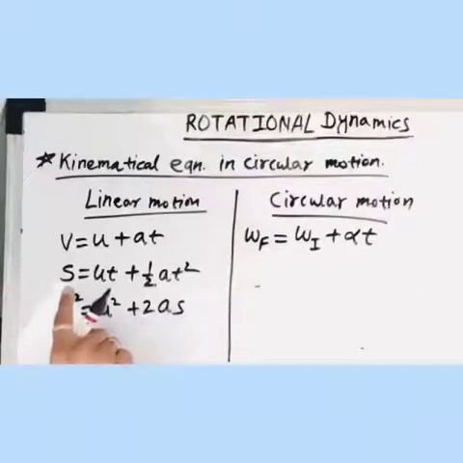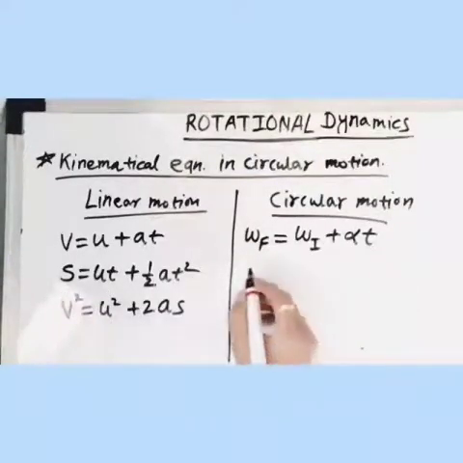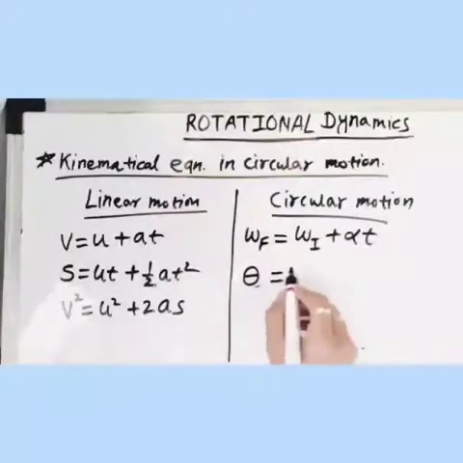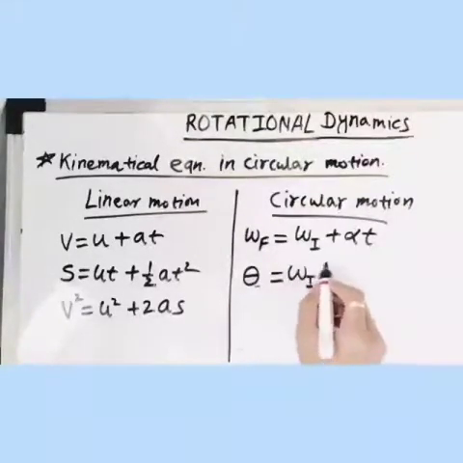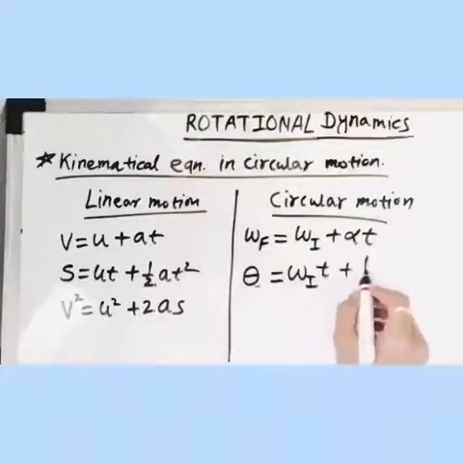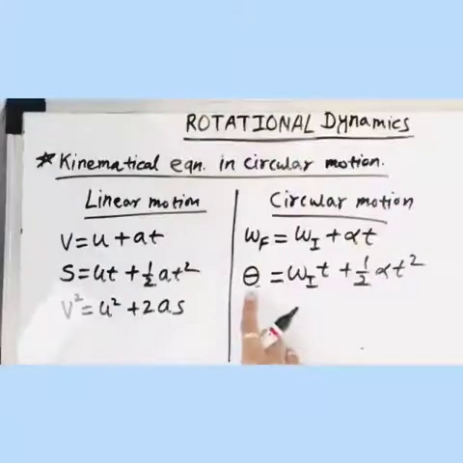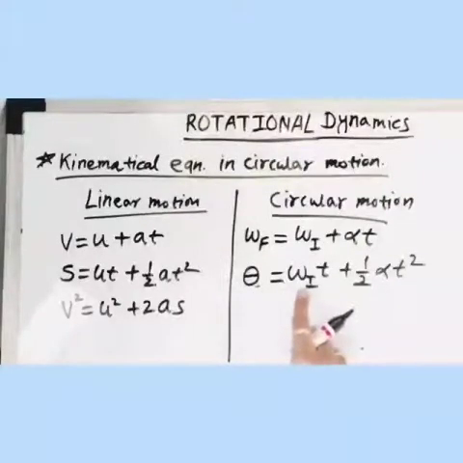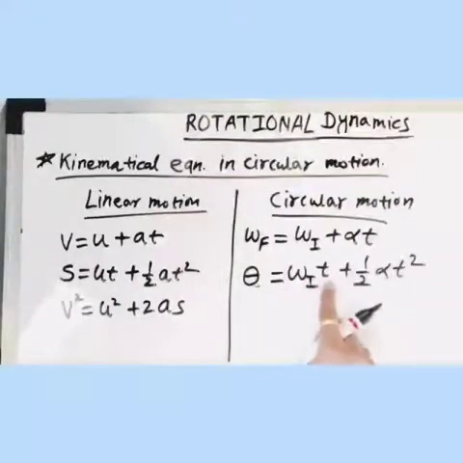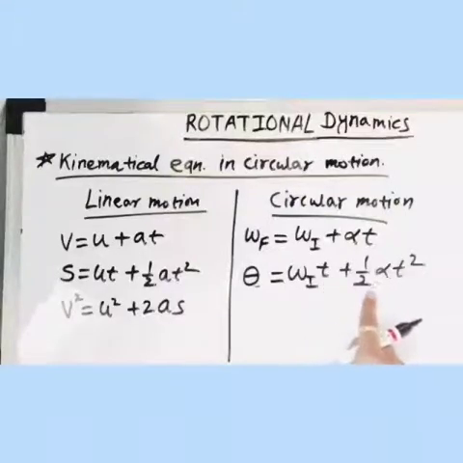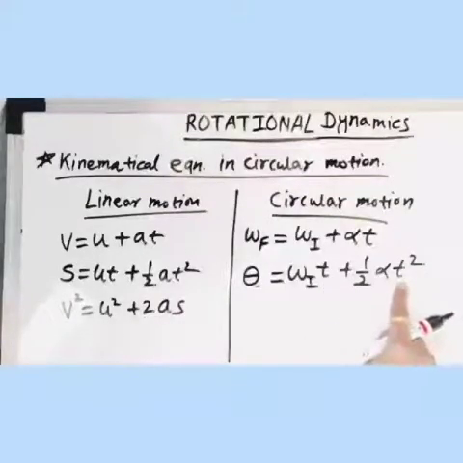Here as we have the linear displacement, here we have angular displacement which is denoted by theta. So we can write theta is equal to omega initial into t plus half alpha t square. Angular displacement is equal to initial angular velocity into t plus half angular acceleration t square.